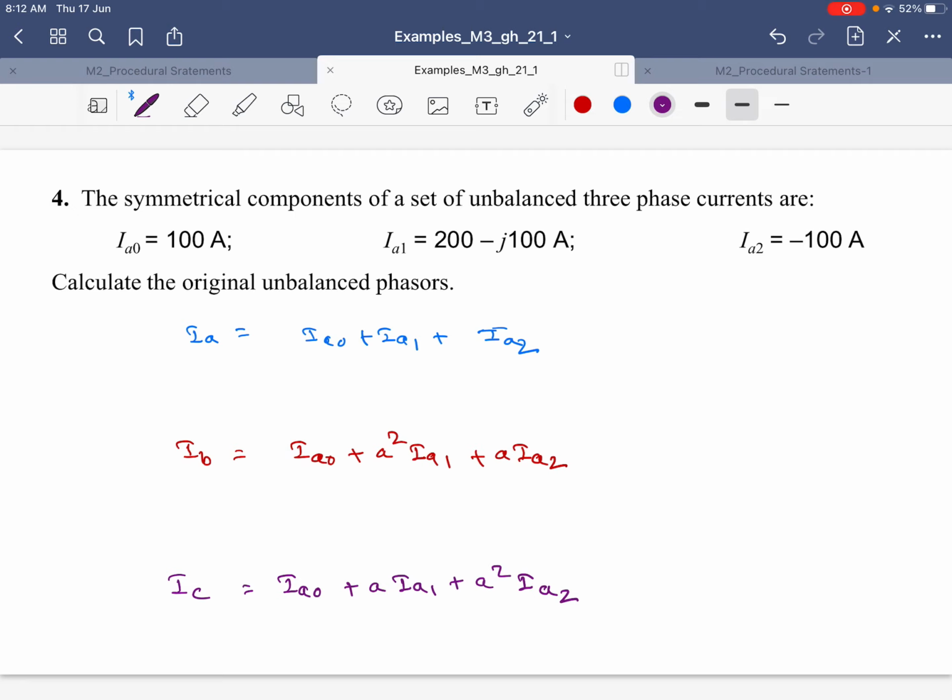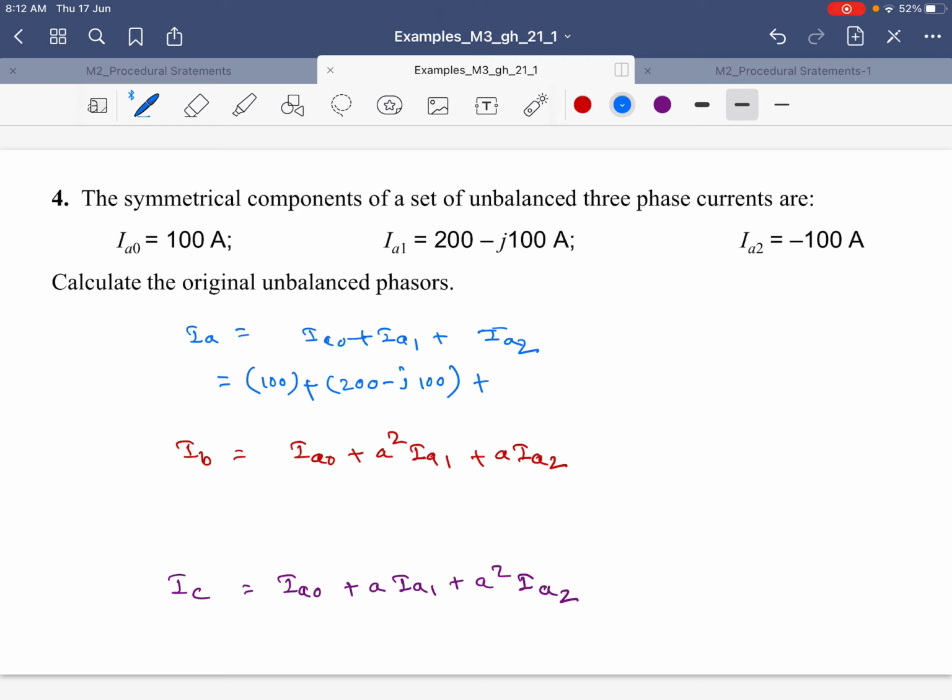It's very simple. I'll start with IA. IA naught is 100, you just enter 100 in the calculator. And for IA1, you use a plus, then a bracket to separate IA naught and IA1: 200 minus j100, close the bracket.